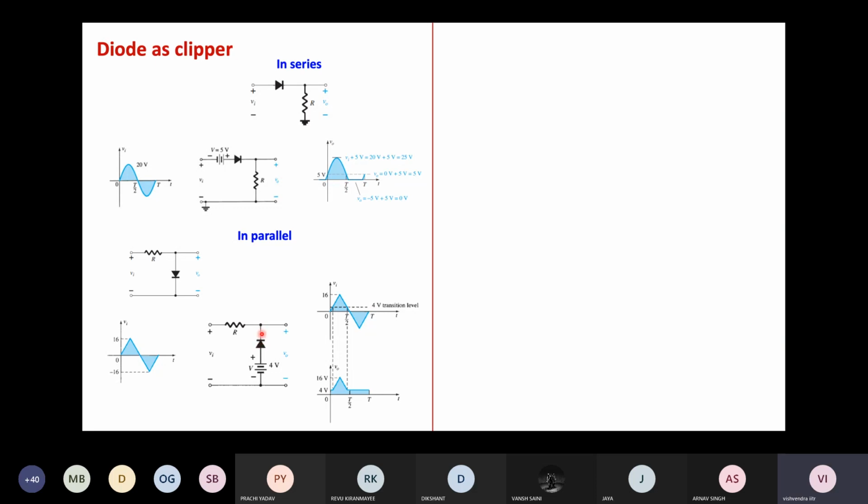And when the voltage is negative at this terminal, the diode is forward biased and short circuited. So this is the circuit, this is the input voltage, and this is the corresponding output voltage. I am just leaving this for you to figure out. And if there is any question, you can write an email to me or to the TAs as well.